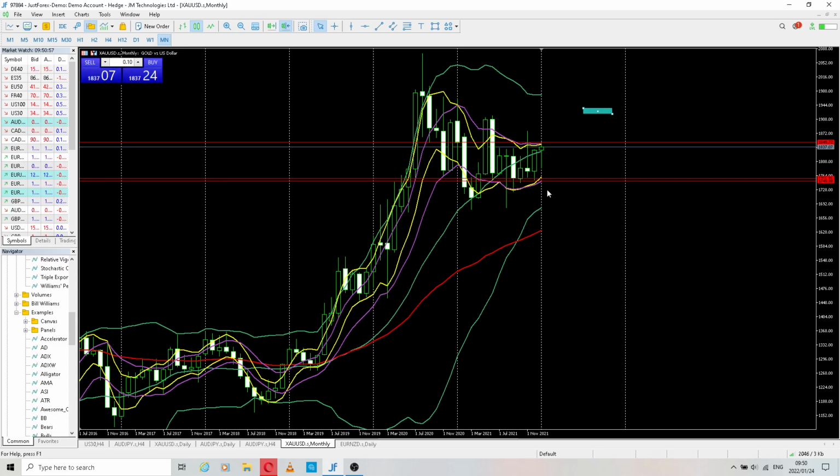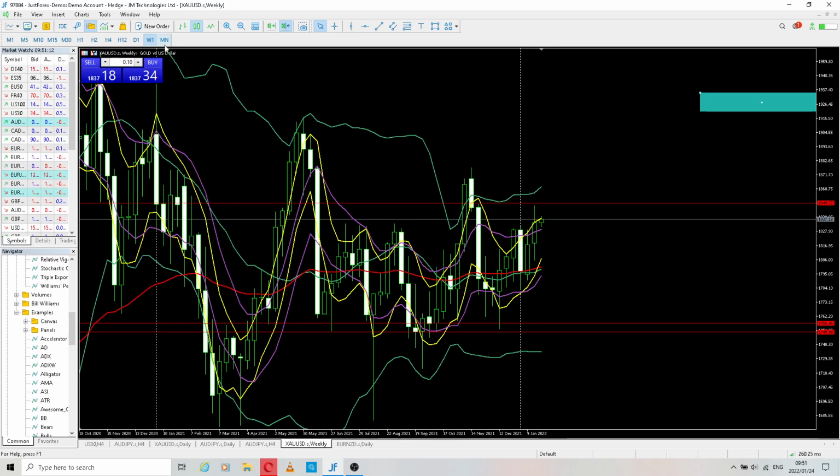Then the market is just going sideways, touching the top, touching the bottom. The market has already touched the top, so it must go and touch the bottom, my lows. So let's go to weekly.